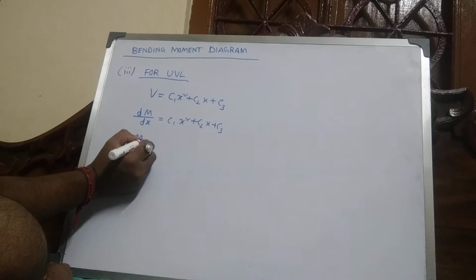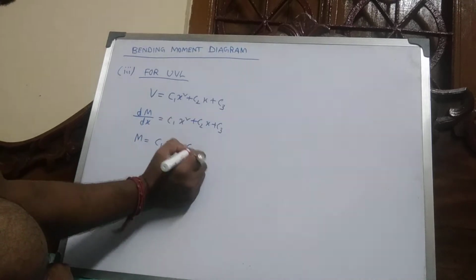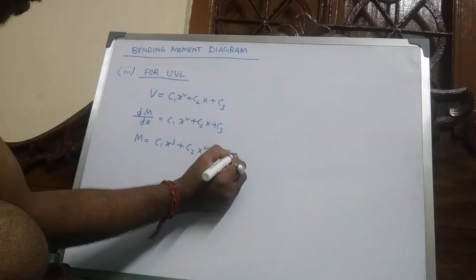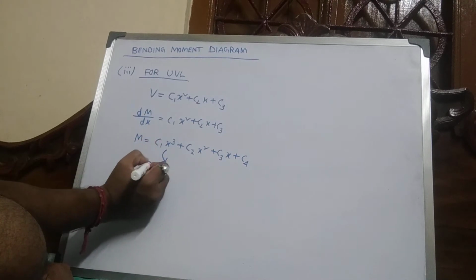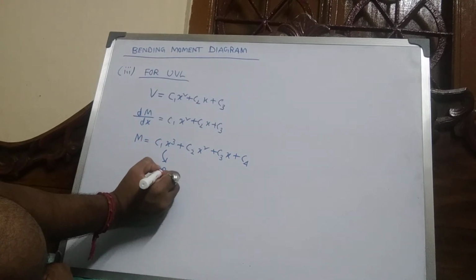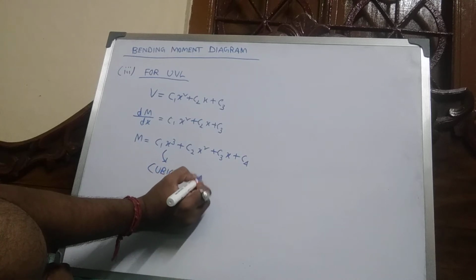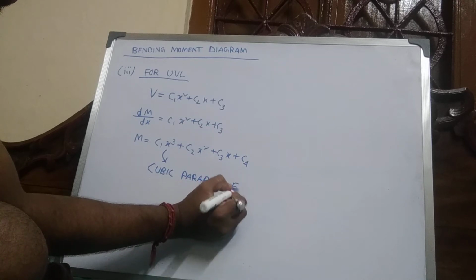So M equals C1 x cubed plus C2 x squared plus C3 x plus C4. This is a cubic parabolic equation.